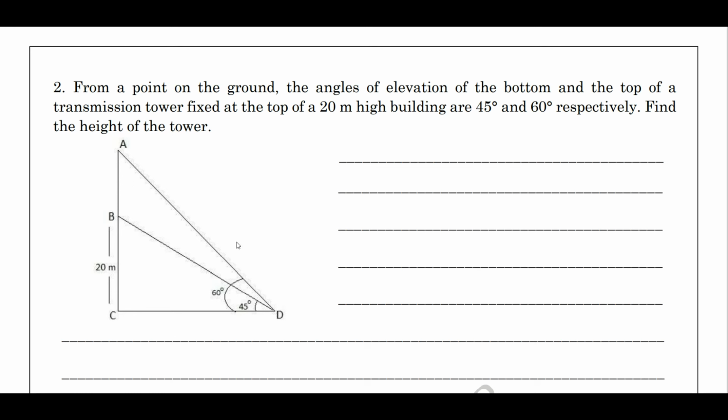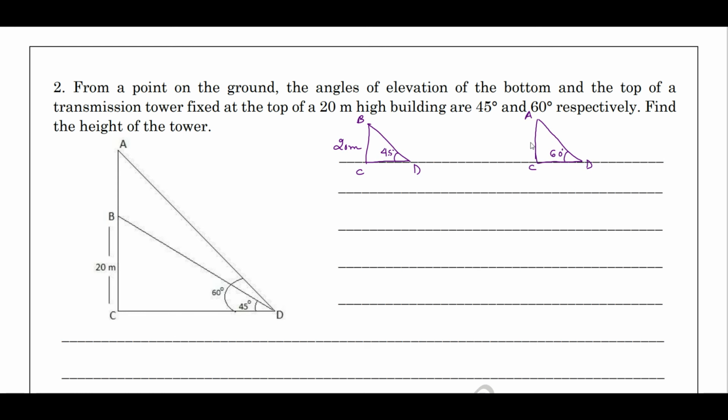The right angle triangles are BCD. The angle is 45 degree, and they have given BC as 20 meters. CD is question mark, keep as it is. What is one more right angle triangle? It is ACD. The angle of elevation is 60 degree.